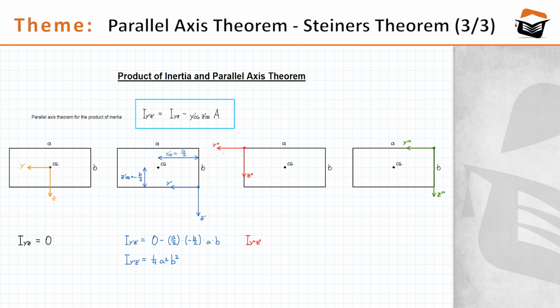I've labeled the axes with a double prime so as to distinguish between the other axes. I sub yz, and again that is 0 because this value refers to the product of inertia with respect to a centroidal coordinate system, which is 0.